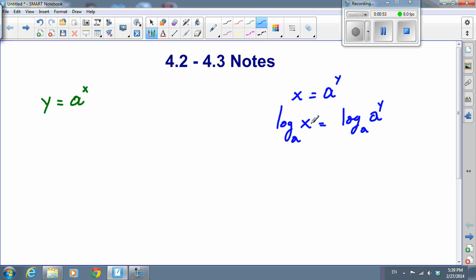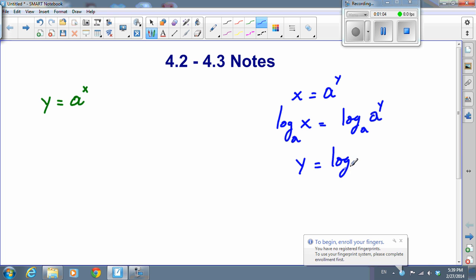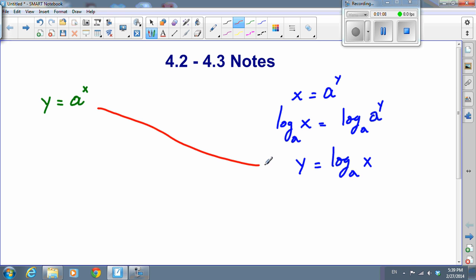By applying the log base a to x, this will cancel on the left side, but log base a of a is actually equal to 1. So I will end up with y is equal to log base a of x. When you travel from this to this is actually the inverse. These two functions are inverses of one another.